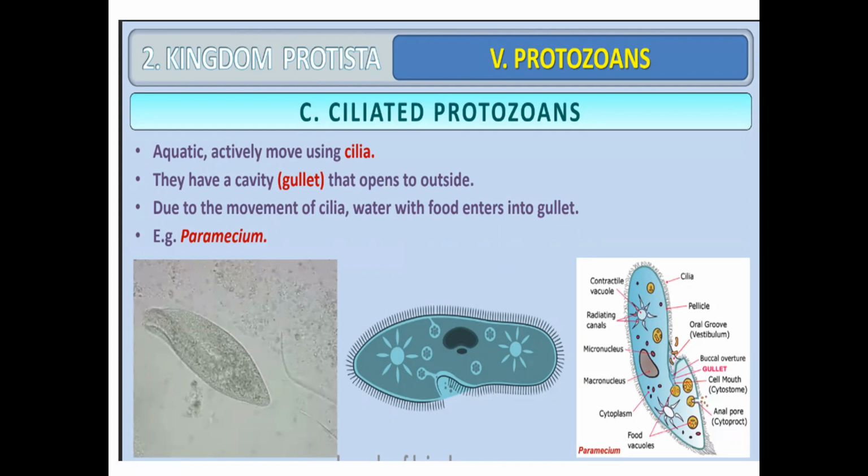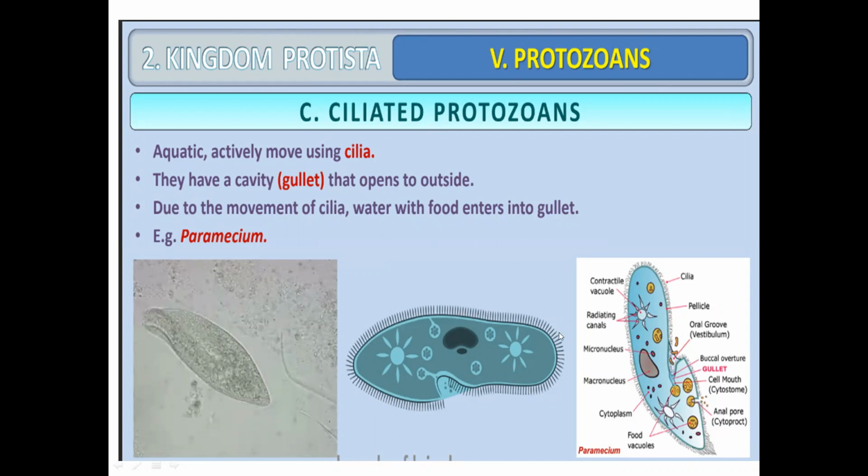Then ciliated protozoa, they have cilia. They have a gullet. Cilia is the structure you can see outside, like a brush.